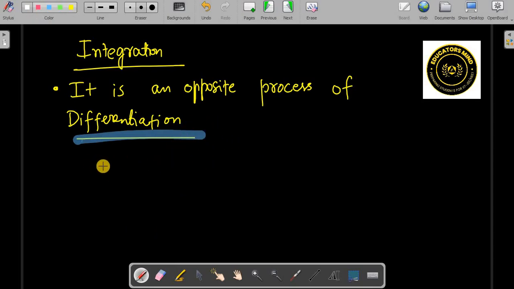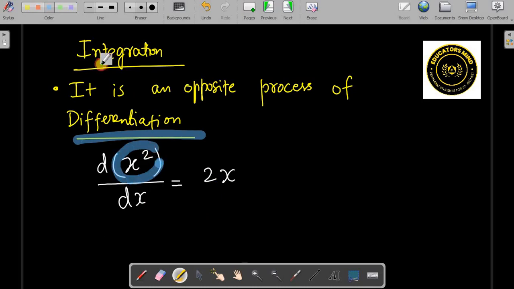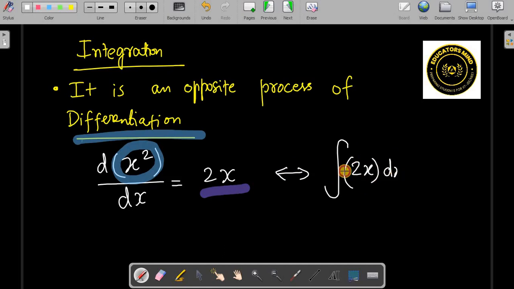So let's understand that. For example, let us take x square. Differentiation of x square with respect to x is 2x. This is differentiation. So here you have differentiated x square and you got 2x. Now if you do the integration of 2x with respect to x, this is how integration is written.